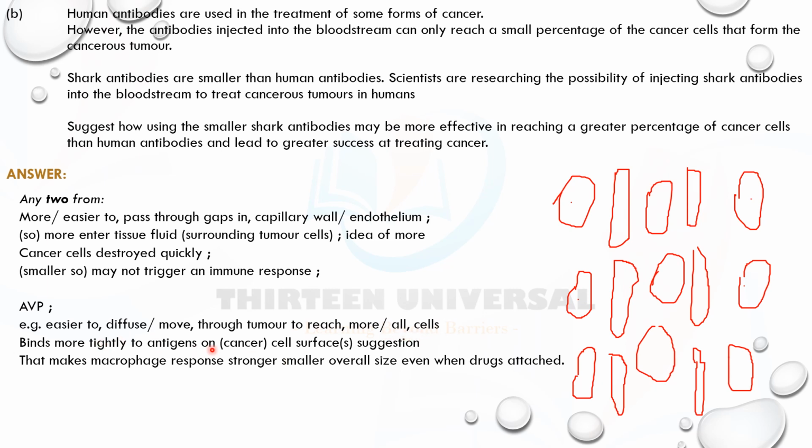They bind more tightly to antigens on cancer cells, and then macrophages respond more strongly than with the overall size. When drugs are attached, they can easily deliver drugs to all the tumors here and tumors there, because antibodies, monoclonal antibodies, are used for treatment. They deliver drugs and allow selective toxicity.